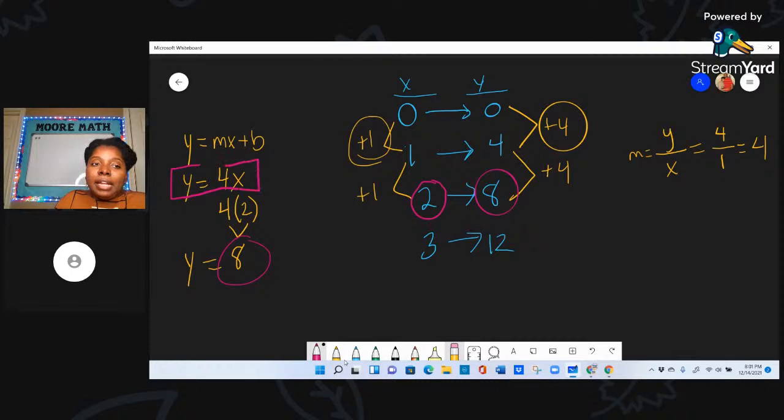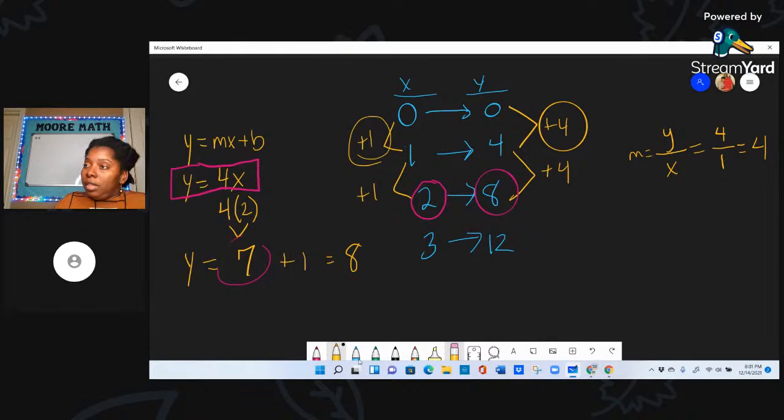We're already at 8. If this was a 7, pretend we put this in and it came out 7, but we wanted it to come out 8. What will we have to do to that 7 to get 8? Add 1.